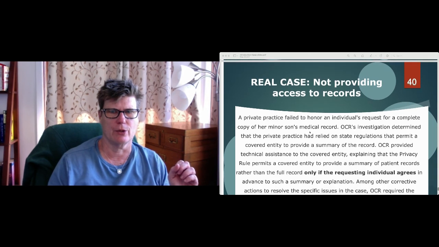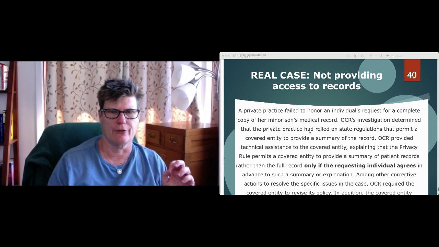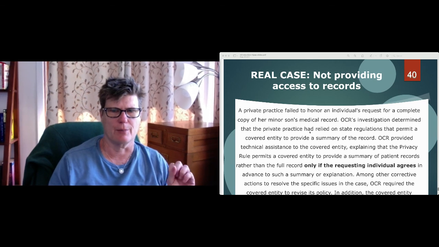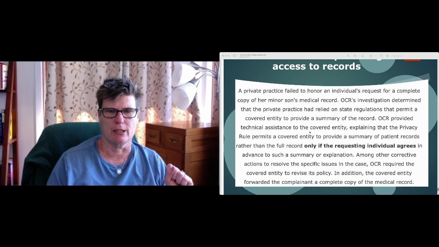And this is one of these real cases. An individual requests a copy of her minor son's medical records, and they just gave a summary, and she made a complaint and she won it.